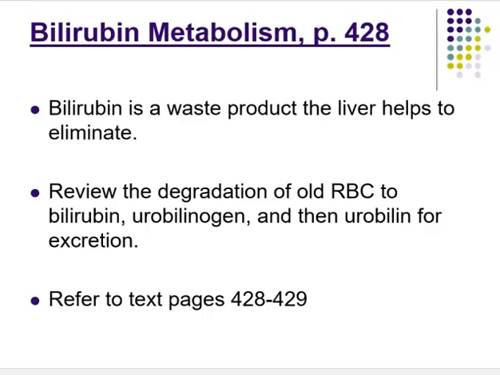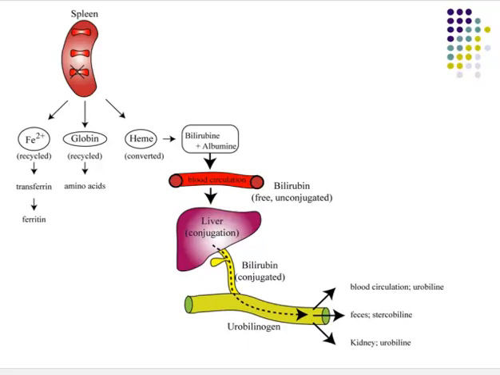So on the next slide, we're going to look at that same chart of red blood cell degradation that we looked at in hematology. So as promised, here's that breakdown of red blood cells that we looked at back in hematology. This is our spleen, and these are our little red blood cells within our spleen. Remember, our spleen takes out the red blood cells.